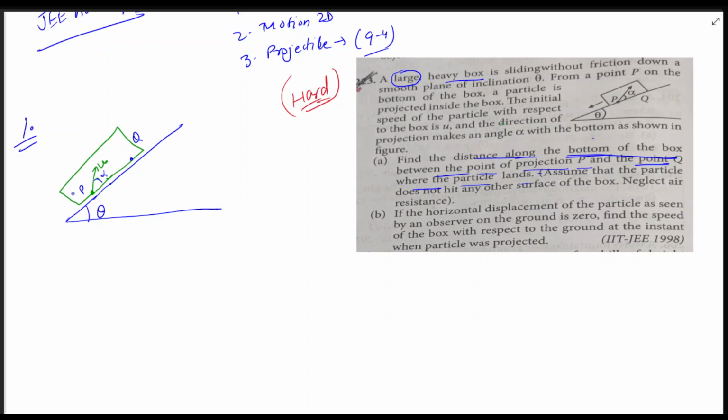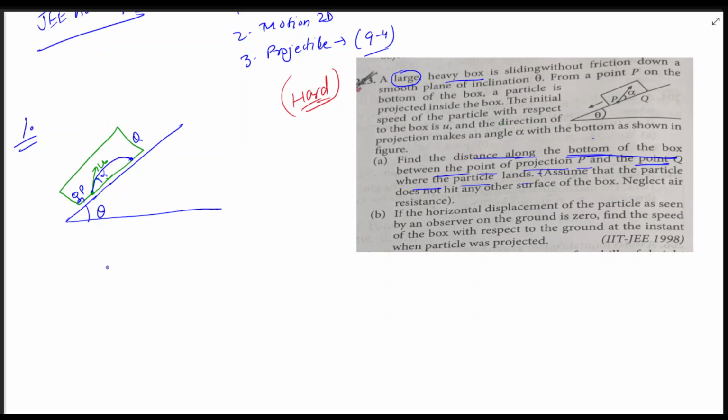So the observer must be inside the box and is calculating the range, to be precise, where the particle is landing. What P will see is this motion. Yes, P will see a simple projectile motion.